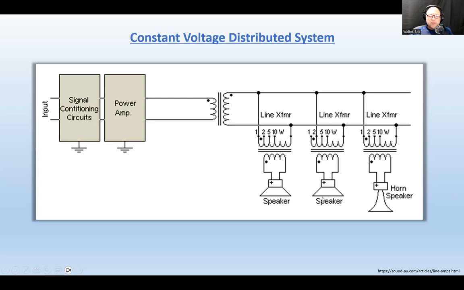This is not a hi-fi system anyway, but the sound coming from these loudspeakers is slightly better than the sound coming out of the paging horn. However, the paging horn has more cut-through power that can cut through a noisy environment and so on.